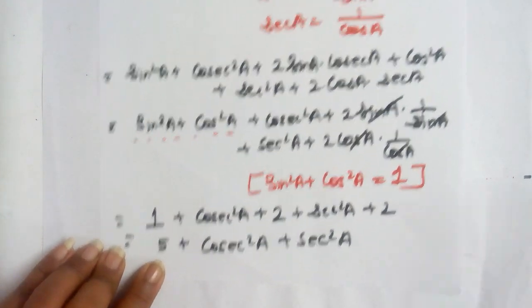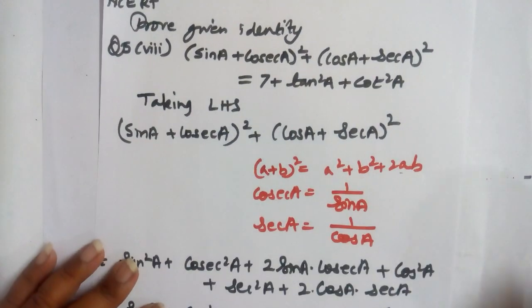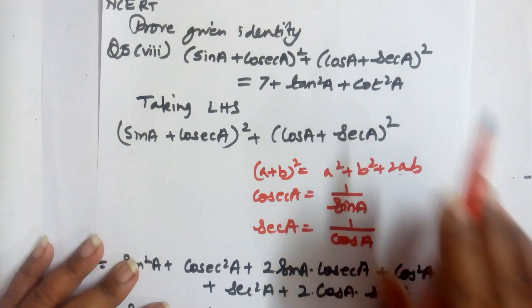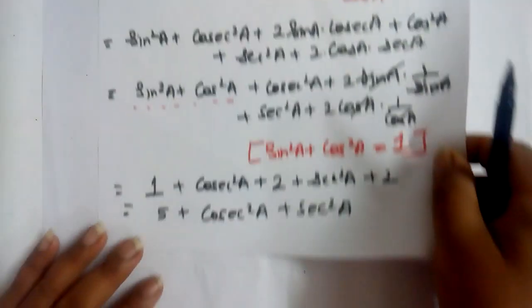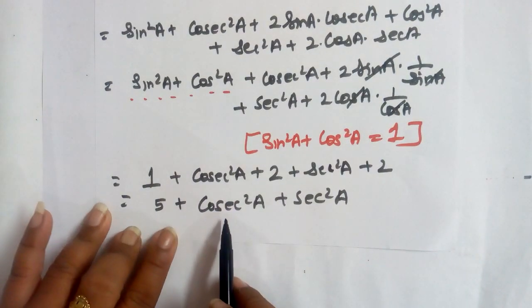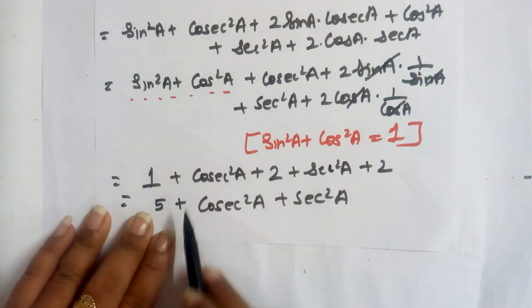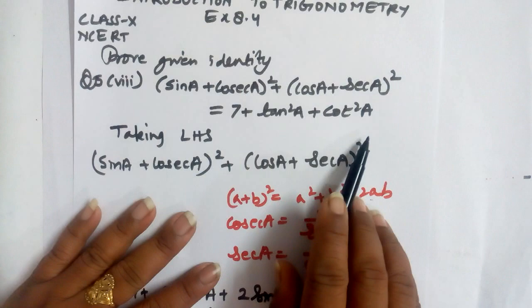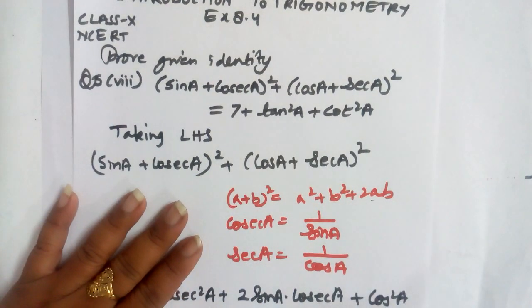But if we see the question, we need here 7 plus tan square a plus cot square a. But now we have 5 plus cosec square a plus sec square a. Means we need to change these into tan and cot. In the form of tan and cot we need here.